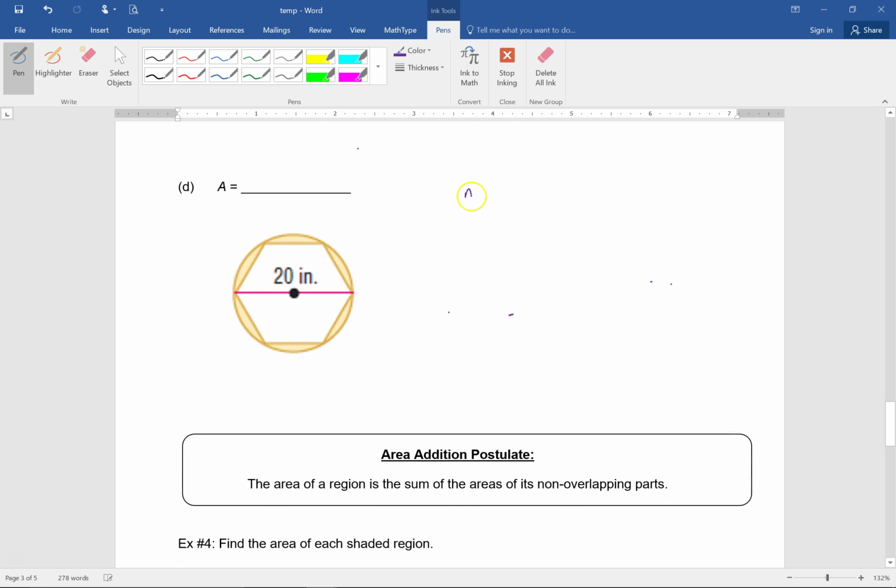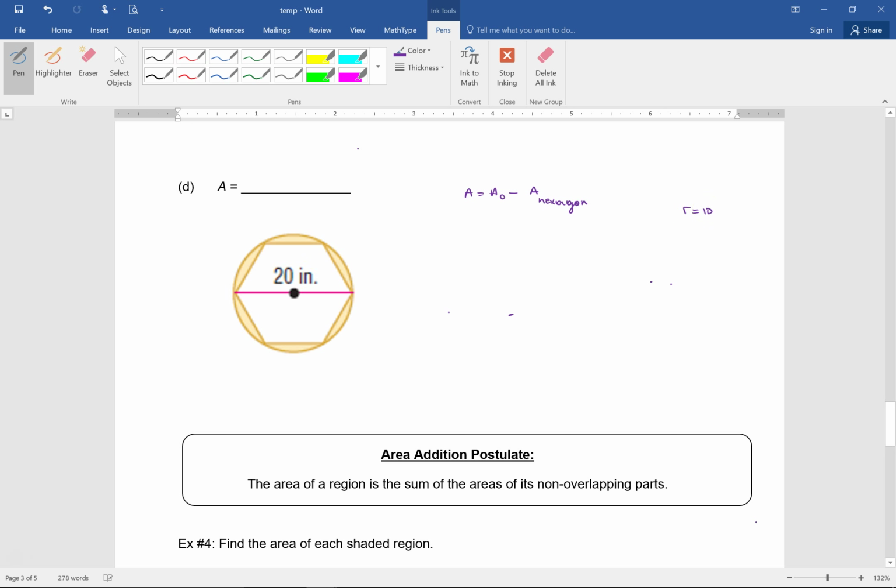Okay, look at this one. We're doing area of a circle minus area of a what? Hexagon. Okay? All right. Do we know the radius for this one? 10. We'll just write that over here.